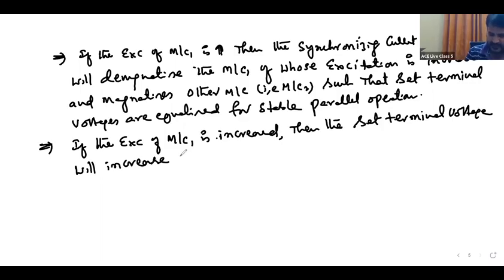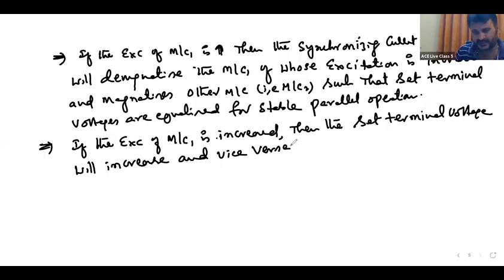And vice versa: decreases means it also decreases. See, once no load conditions are completed, full load conditions are said to be completed. There is no separate discussion; here only we are discussing everything. If the excitation of machine 1 is increased, then the set terminal voltage will increase, and vice versa.